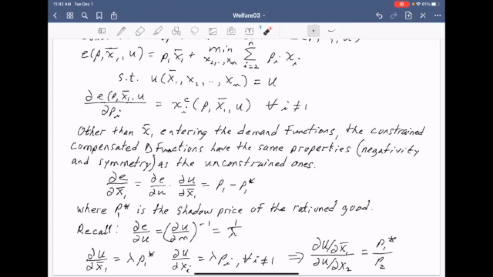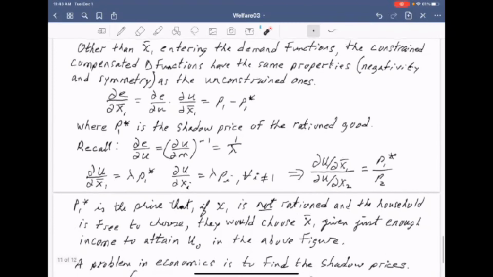So if we take the partial of this expenditure function with respect to x1 bar, we find that the partial of E with respect to U times the partial of U with respect to x1 bar is equal to P1 minus P1 star, where P1 star is the shadow price of the rationed good.